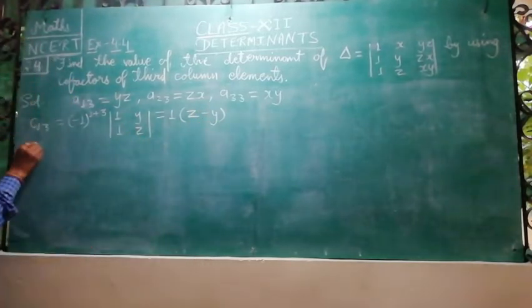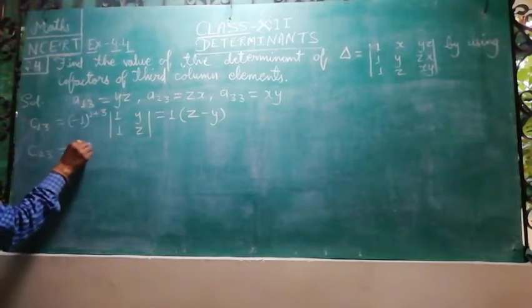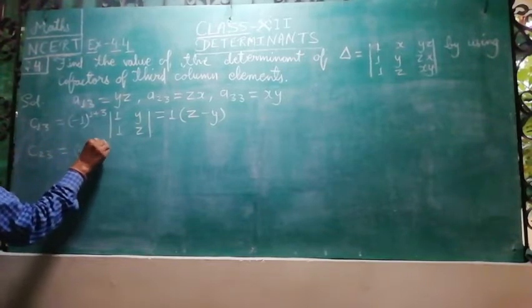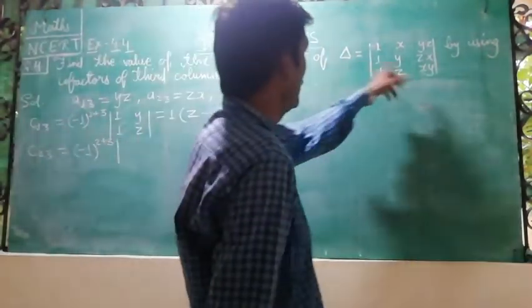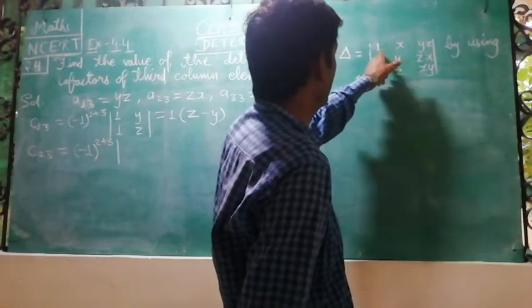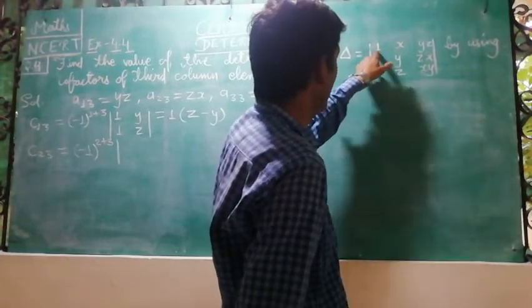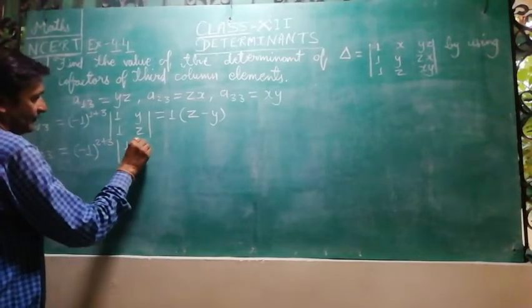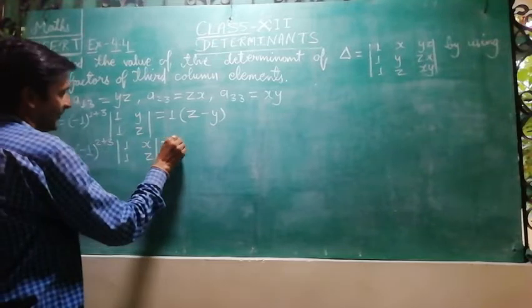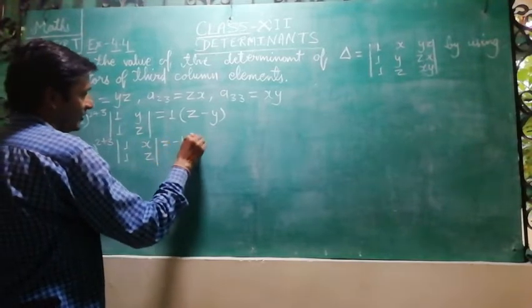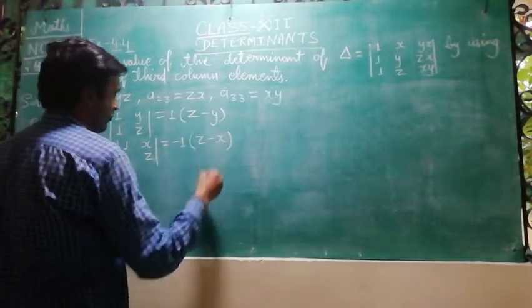Now C23 is equal to minus 1 raised to the power 2 plus 3. 2, 3 means second row third column, and the remaining elements are 1, x, 1, z. So it will be minus 1 into z minus x.